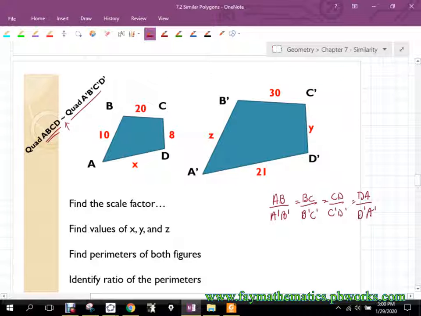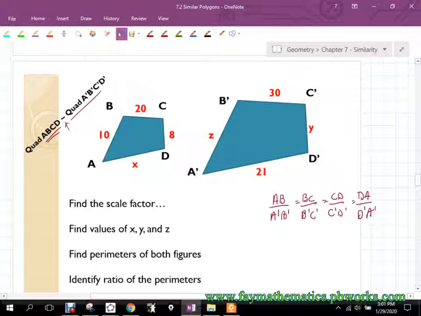That's exactly what our definition of similarity tells us in a similarity statement: corresponding sides should be proportional. Now you could have looked at the reciprocals of all those too, putting A prime B prime on top, B prime C prime on top, and so forth. You can, it doesn't matter.